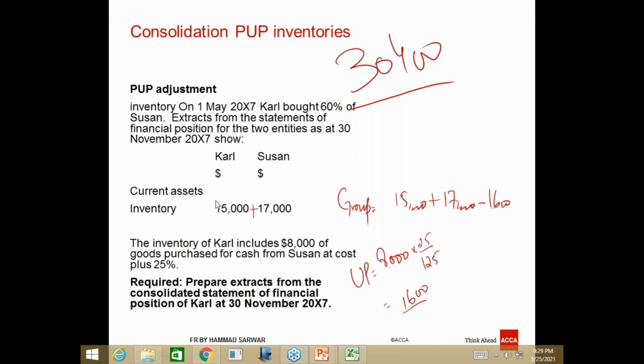So we never do proportionate consolidation based on the percentage or based on the time period that we have acquired in the balance sheet.